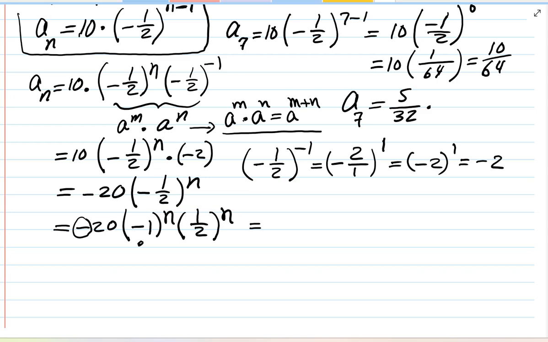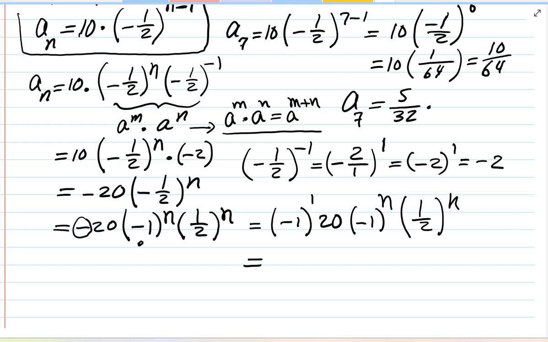Check this out. Negative 20, negative 1 times 20, negative 1 to the n, half to the n. Again, the book probably won't do this, but I'm just having fun with this. Negative 1 to the first, negative 1 to the n. So this is going to be negative 1 to the n plus 1 times 20 times half to the n.